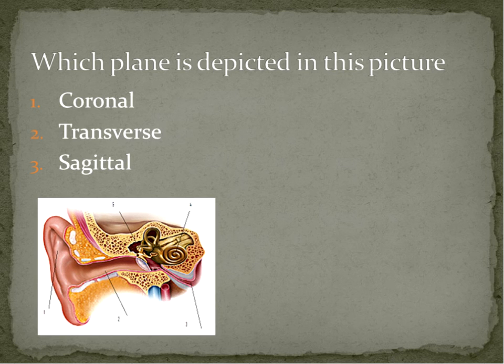Okay, so if we're looking at our ear and we're able to look into the head, we're looking towards the front. And so this would be coronal. So we're actually seeing the anterior portion of the head versus the posterior portion.